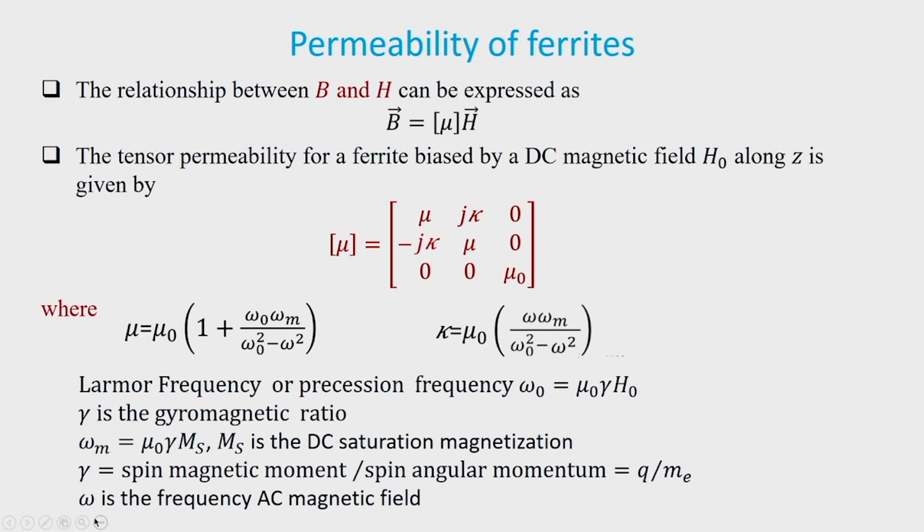Now, in a ferrite material, we will have waves propagating, and omega is the frequency of the AC magnetic field component that is present. So, we see that the magnetic field and the flux density in a ferrite medium are related by this permeability tensor mu.